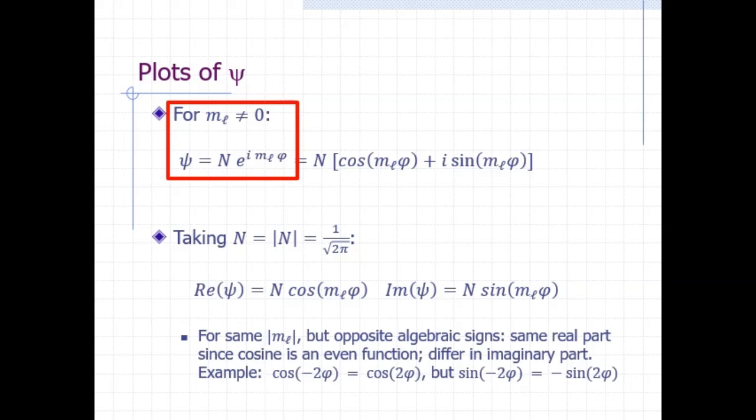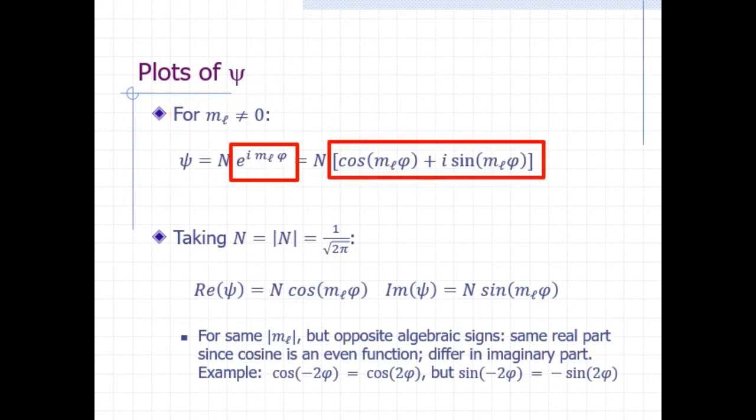If we want to plot these functions, we need to plot the real and imaginary parts of the function separately. Using Euler's formula, we express the exponential term as a linear combination of sine and cosine functions. The expression e to the power i times m sub l times phi is equal to cosine of m sub l times phi plus i times the sine of m sub l times phi.